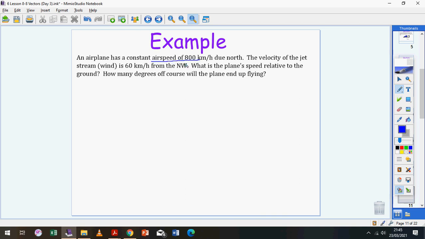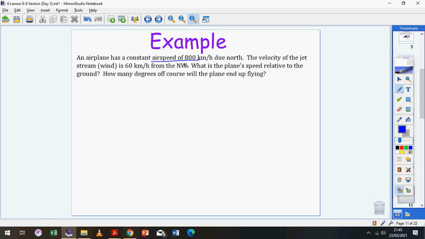But a person on the ground does not see it moving at 800 kilometers per hour, because the person on the ground will see the plane's velocity plus the effect of the wind. But the plane in the air, its engines are making it go at a speed of 800 kilometers per hour, right? Yeah, that's what airspeed means.